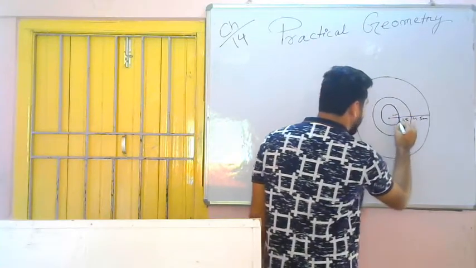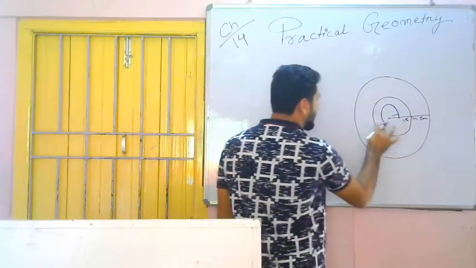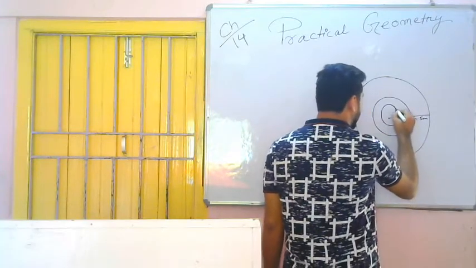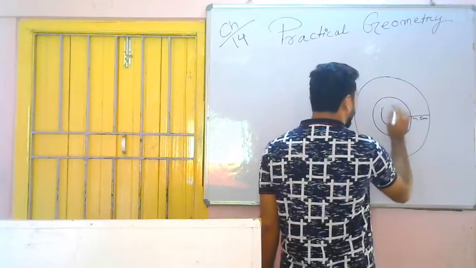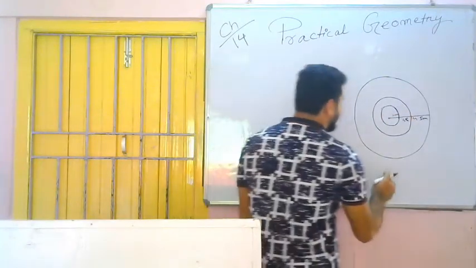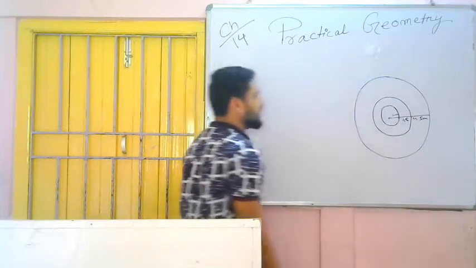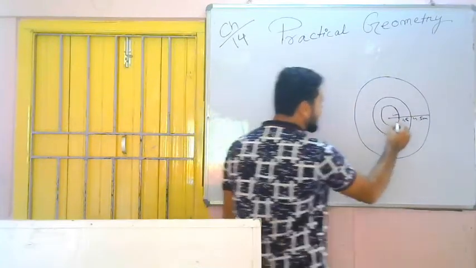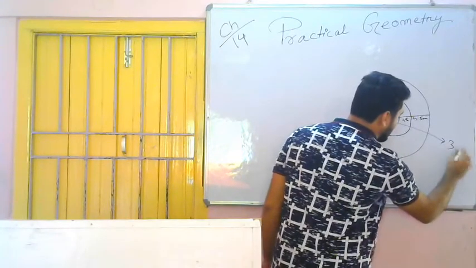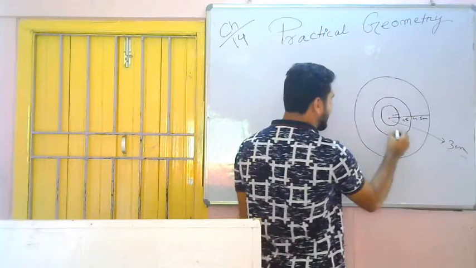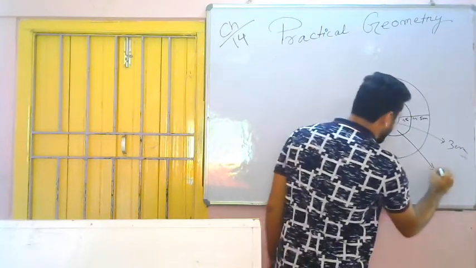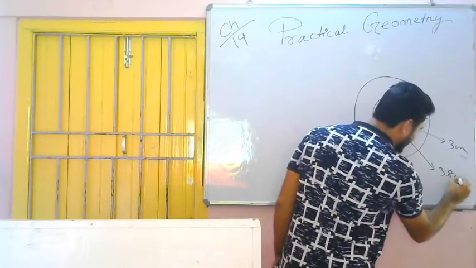Suppose I have drawn the circle. If you draw with your compass, then you will get the accurate shape. Suppose this is 3 centimeter. The radius of this circle will be 3 centimeter. The radius of this circle will be 3.8 centimeter.